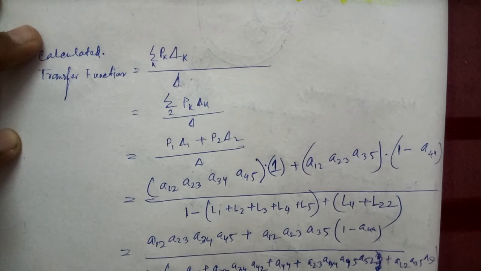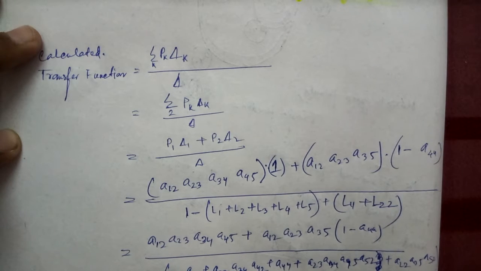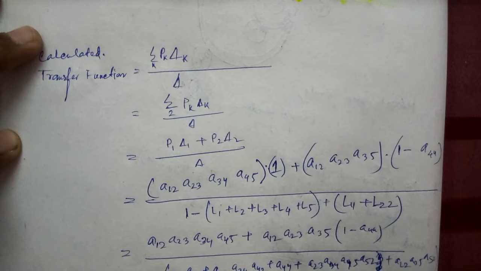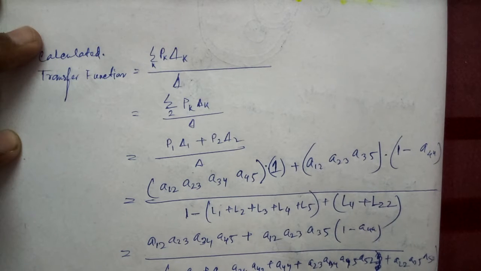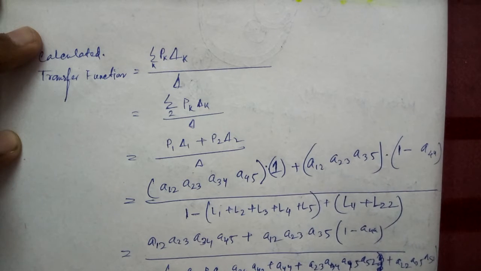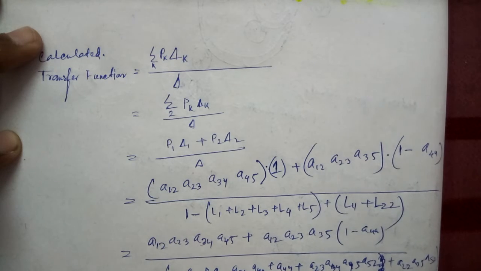Those were a23, a32, a44 plus a52, that is L2. This is actually L22, a52, a23, a35, a44.